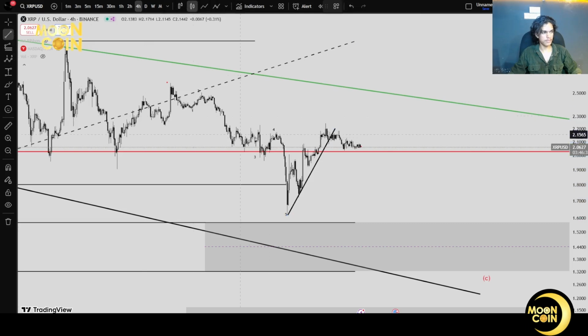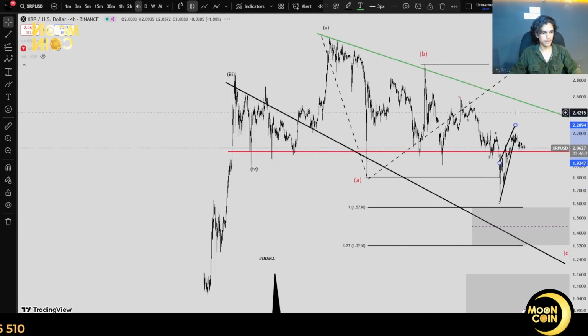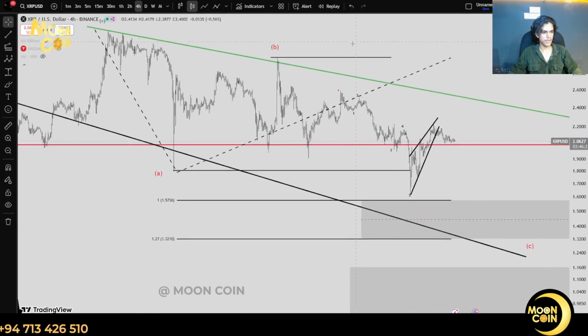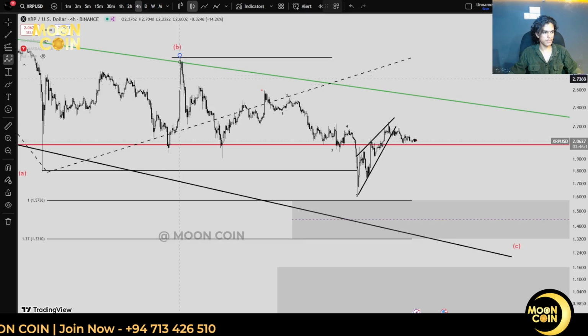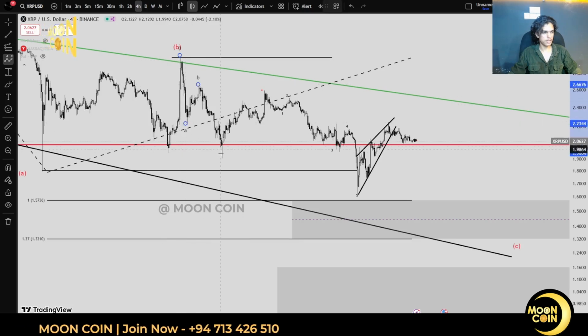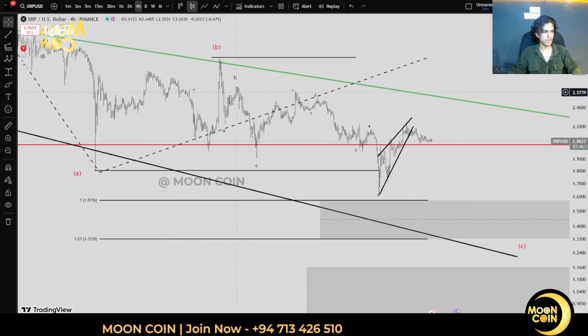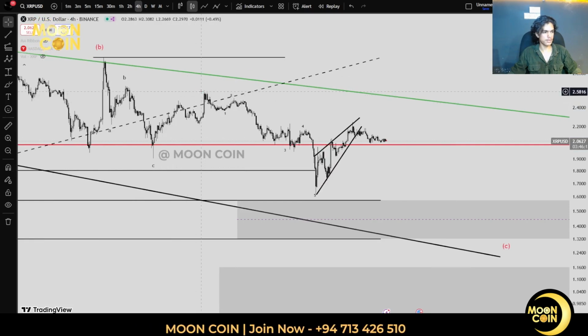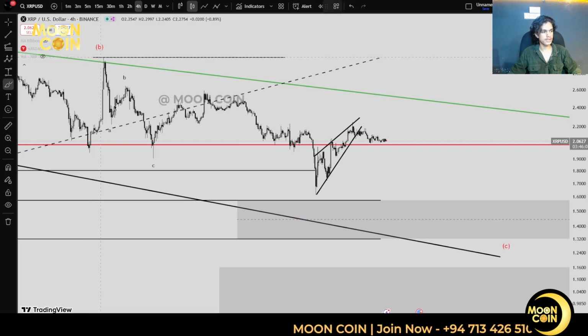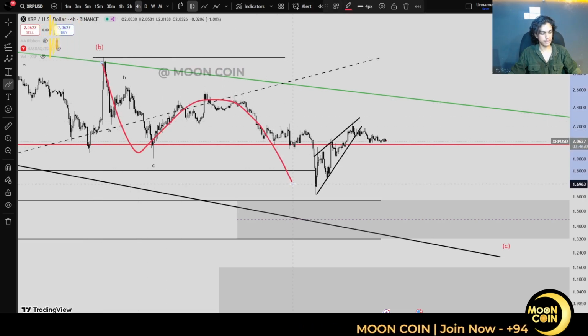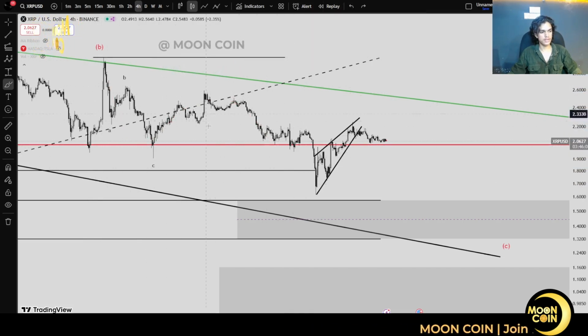Okay, we have another diagonal here. So if you take a look here, we have ABC count. Okay, we have this ABC count here, so which could be taken as, so again the market was extended, so this is a zigzag pattern.